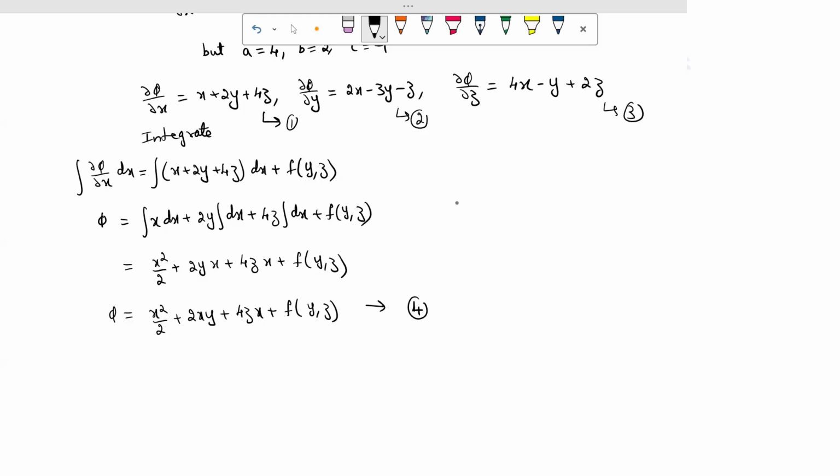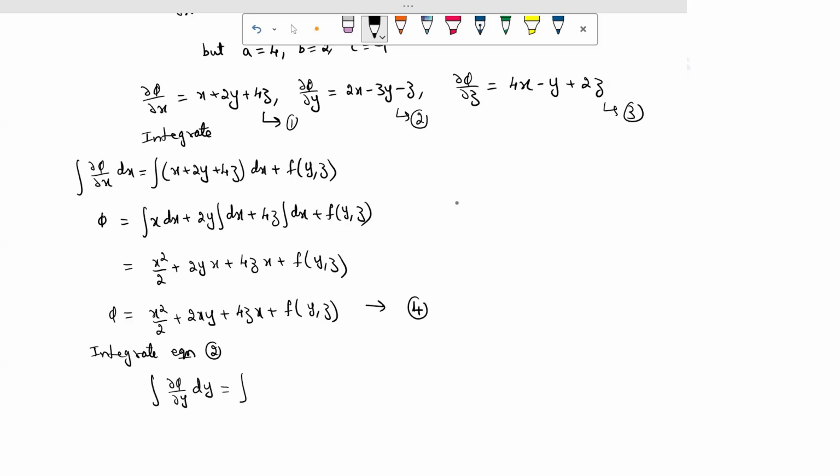Now we'll integrate equation number 2. The integral of ∂φ/∂y, because here y is there, we integrate with respect to y.